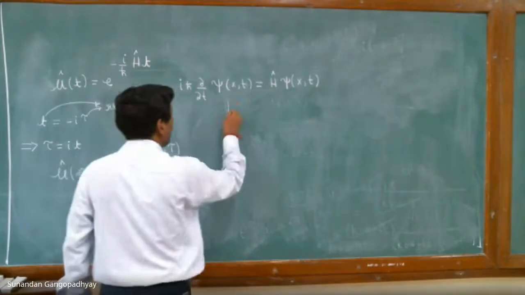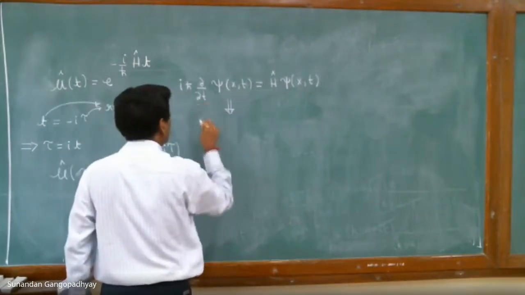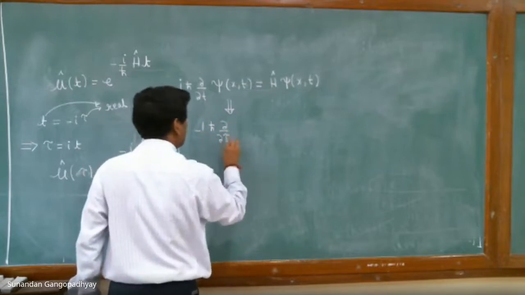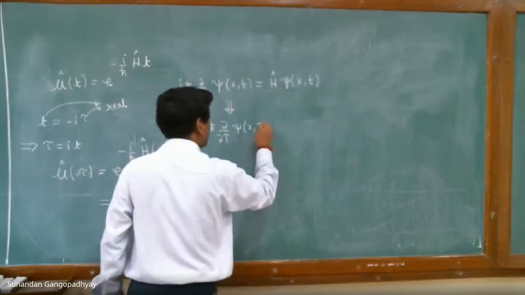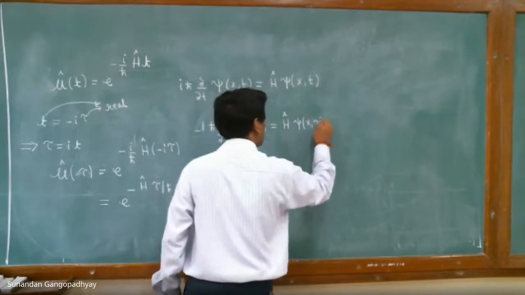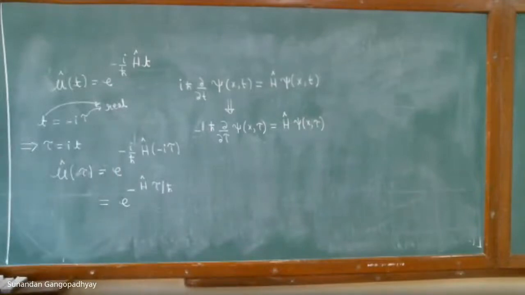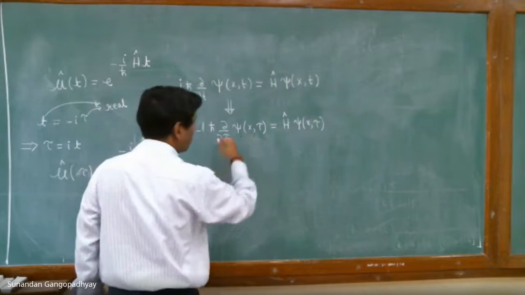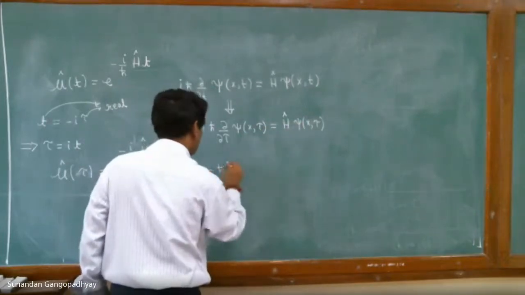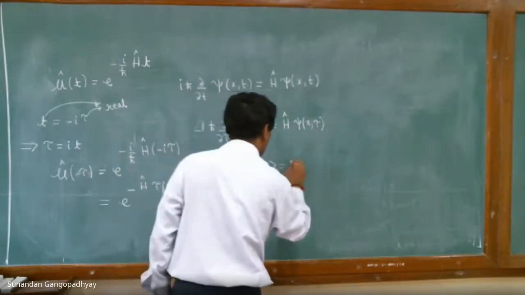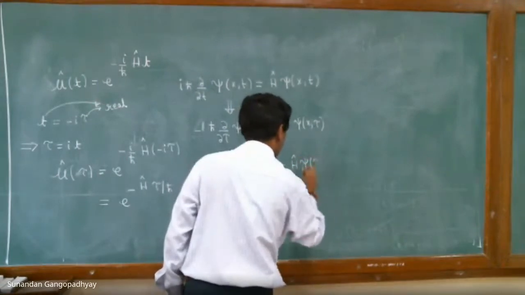Instead of this, you set t is equal to minus i tau, so this will give us minus del tau psi of x and tau is equal to Hamiltonian psi of x and tau. And if you work with state vectors, then this equation will be simply minus del tau psi tau is equal to H hat psi tau.